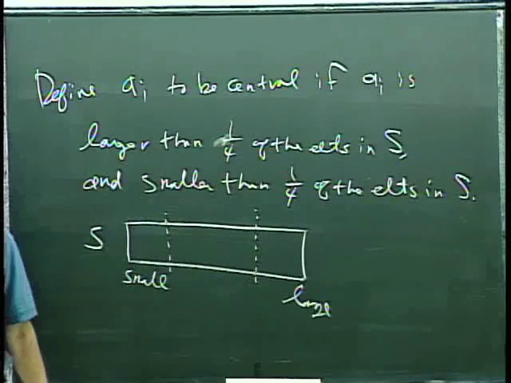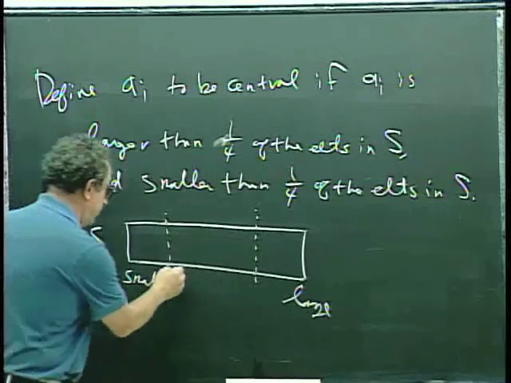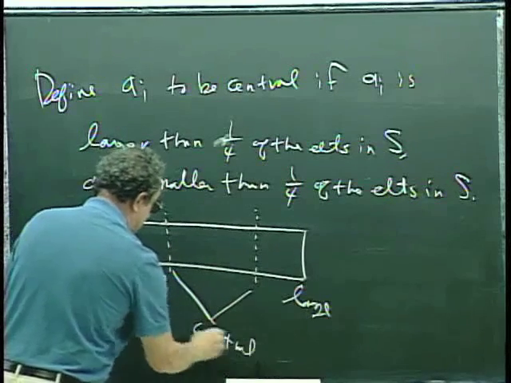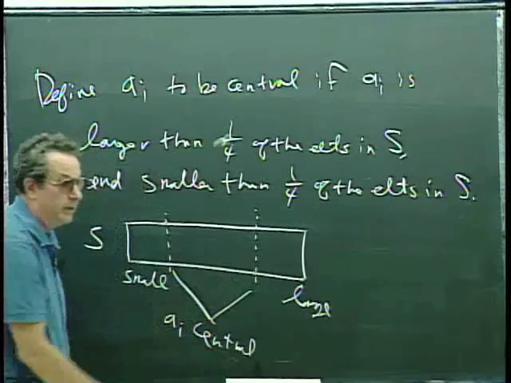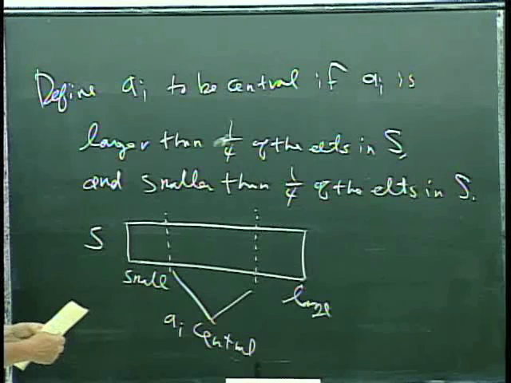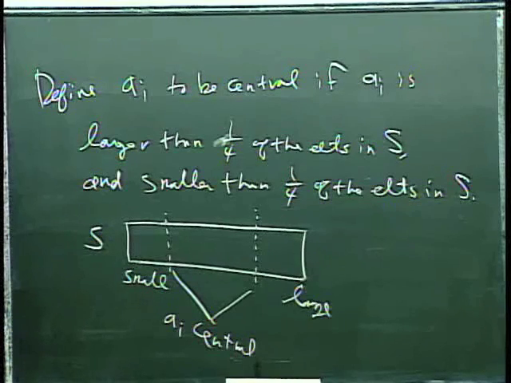AI is being picked randomly, and if it falls in this range, it's central. Now I can ask, with that definition: what's the probability that AI is central?